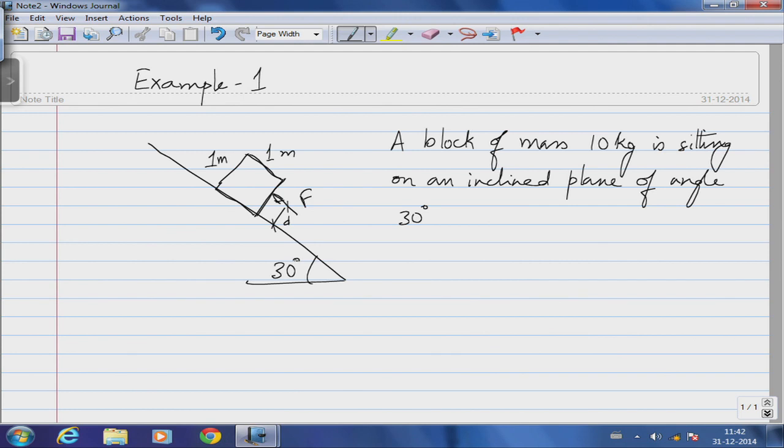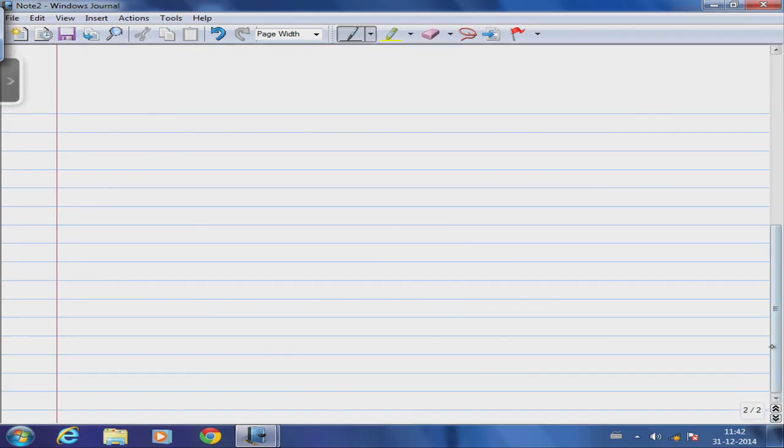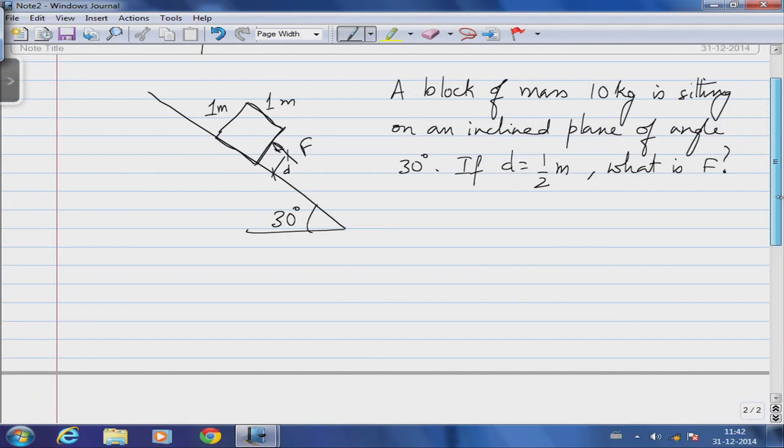If I have a force F being exerted at a distance d, if d equal to half a meter, what is F for equilibrium? Okay. So, we are going to try to go through and understand how to solve this problem.